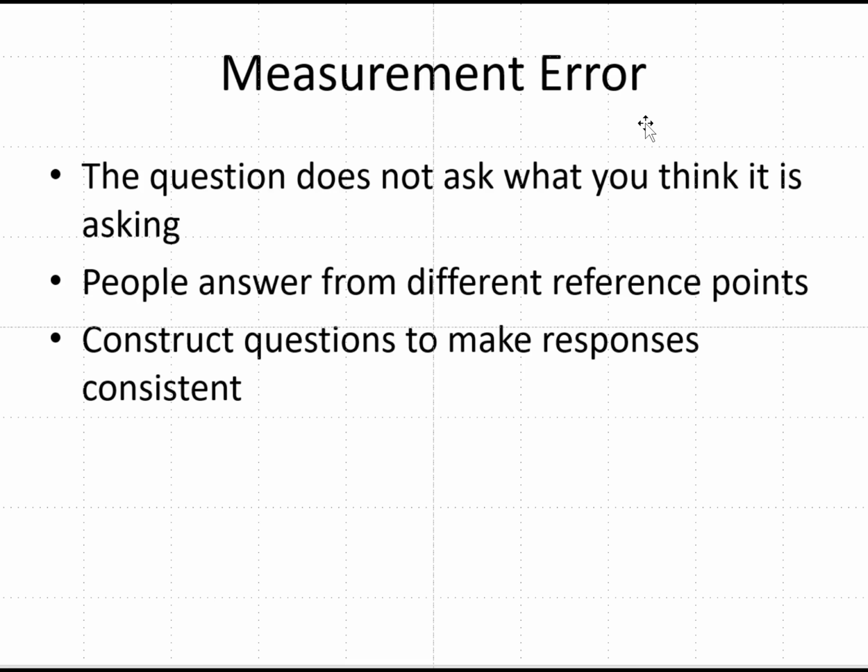So one of the things that you have to do when you're developing your questions is construct questions so that the responses are consistent. When we talk about writing questions, we're going to address these issues. We want to get consistent responses to questions.